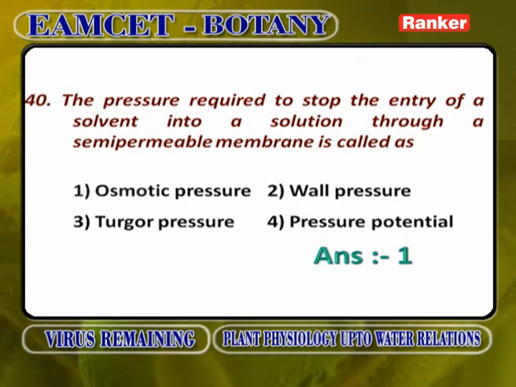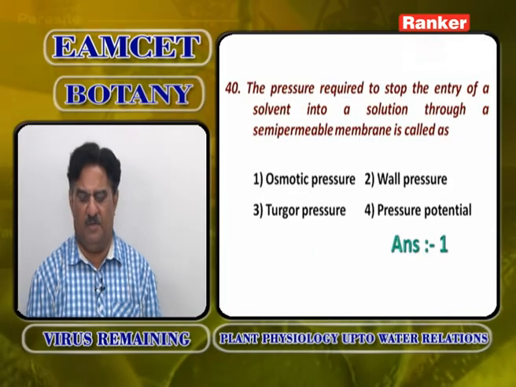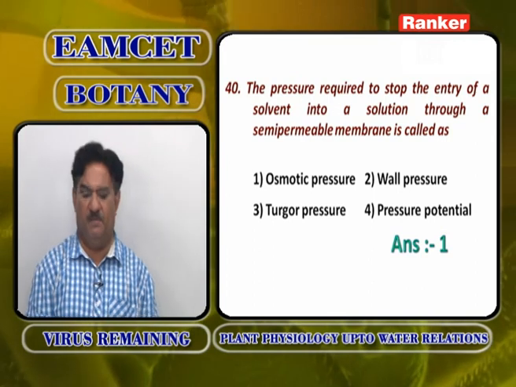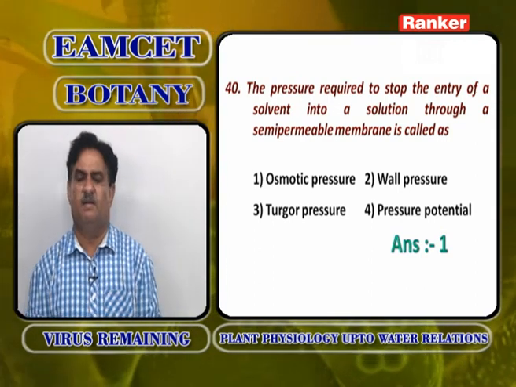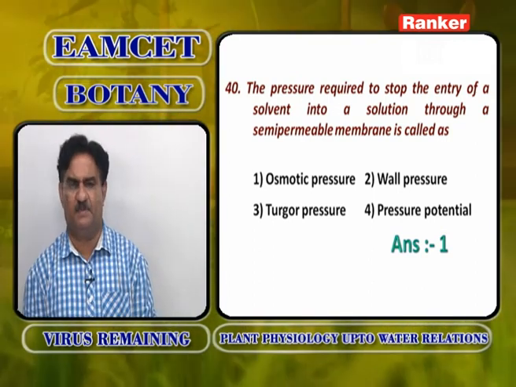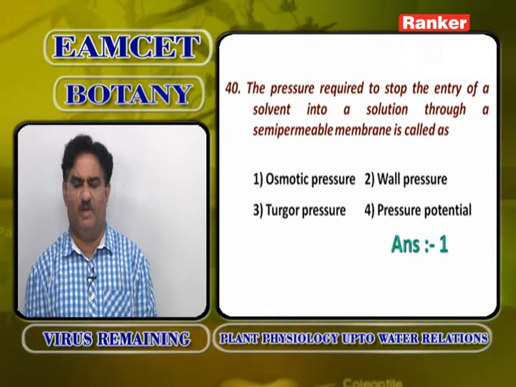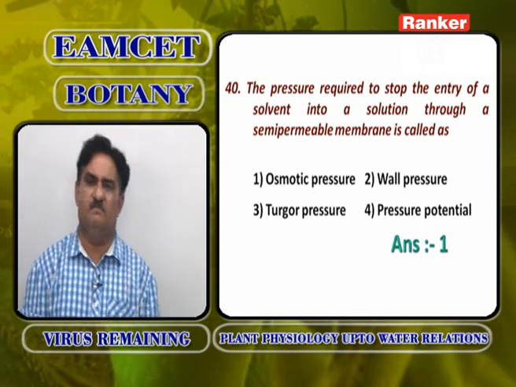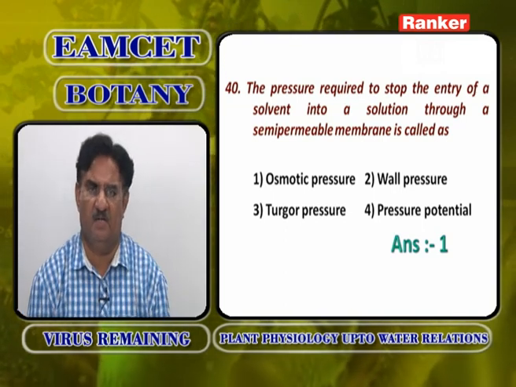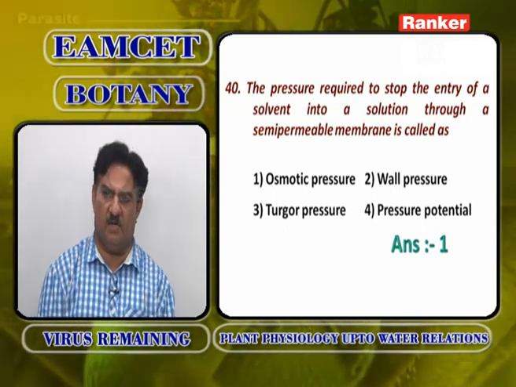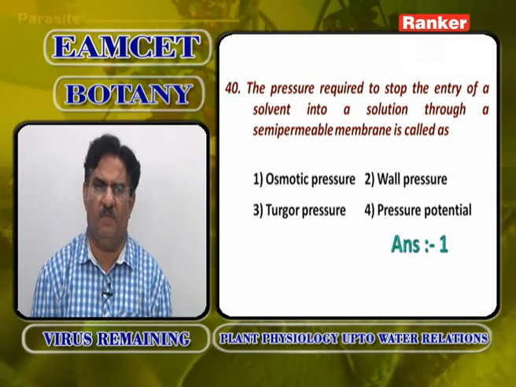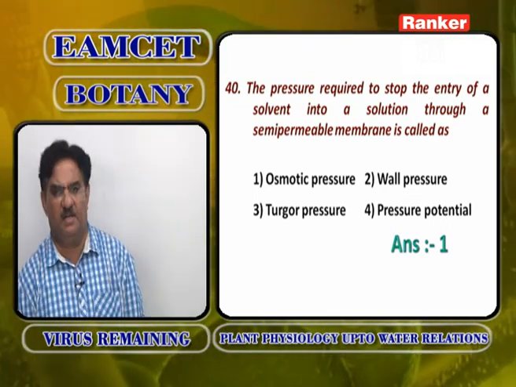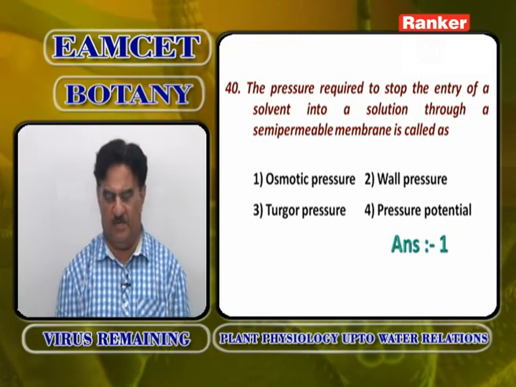So, the pressure required to stop the entry of solvent into a solution through a semi-permeable membrane is not called wall pressure, turgor pressure, or pressure potential. What is pressure potential? When water enters the cells by osmosis, the protoplasm gets diluted. Whenever the protoplasm gets diluted, the concentration decreases and water potential increases. The increase in the water potential due to the entry of water into the cells is called pressure potential.